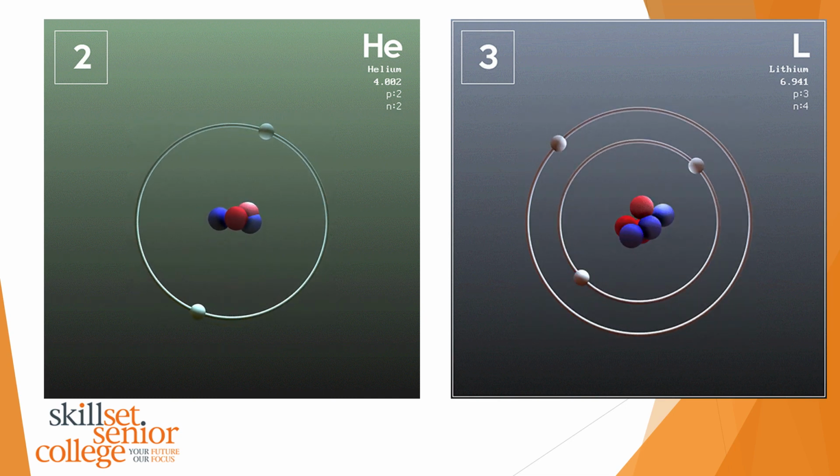So it's trying to get rid of that electron as best it can, and that makes it a highly reactive substance. So when you look at these two atoms, the only difference here is one extra proton and one extra electron, but that changes the properties of that chemical quite substantially. Lithium, highly reactive; helium, almost unreactive.